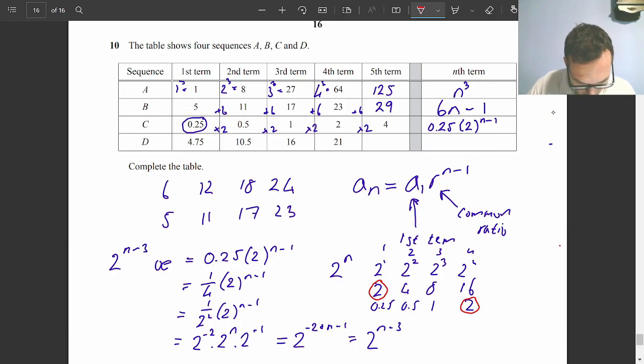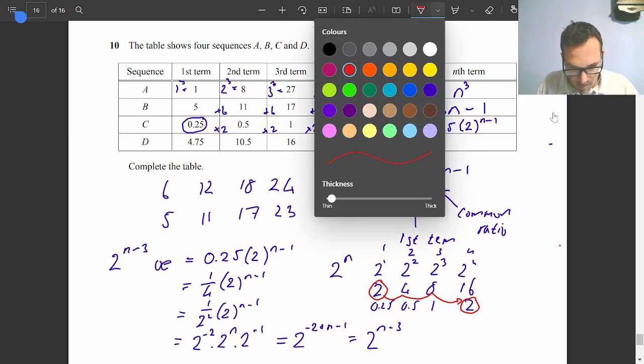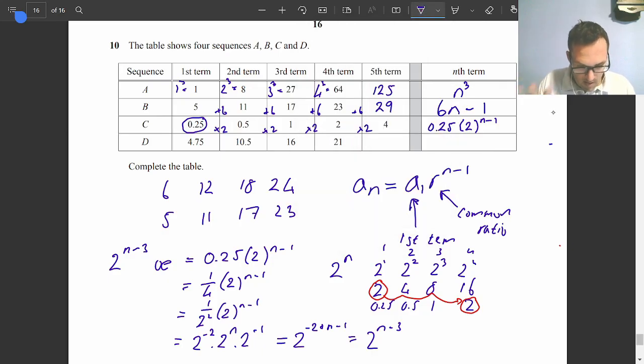The 2 has shifted 1, 2, 3. There it is. It's shifted to the right. That means 3 spaces shifted to the right means it has gone from 2 to the power of n to 2 to the power of n minus 3.